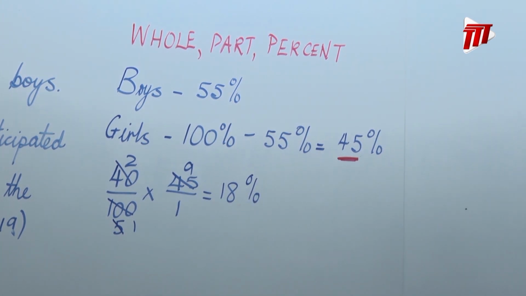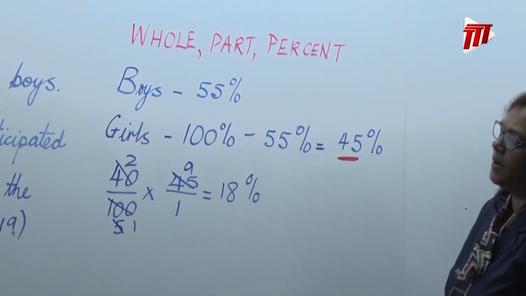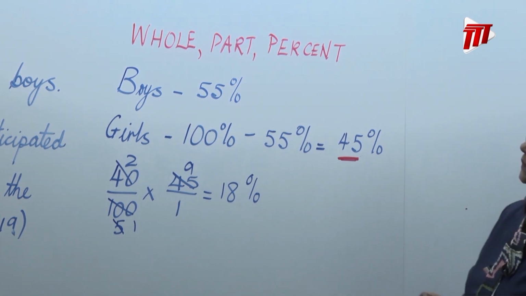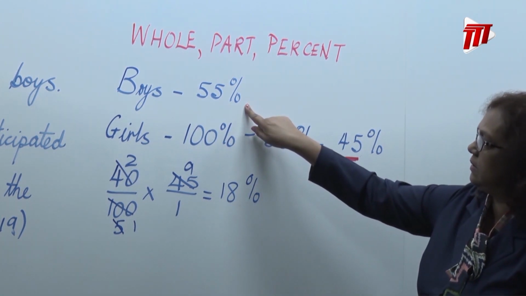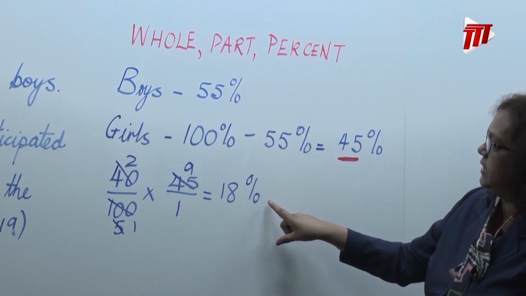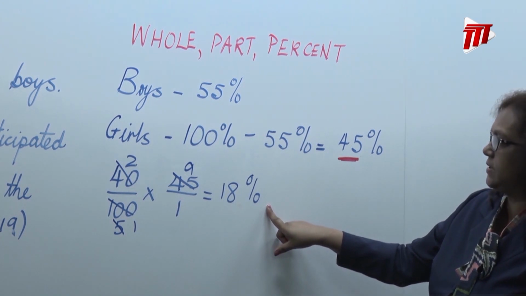So we come to the question now, what percent of the students participated in the concert? So 55% are boys and 18% represents the percentage of the girls that participated.